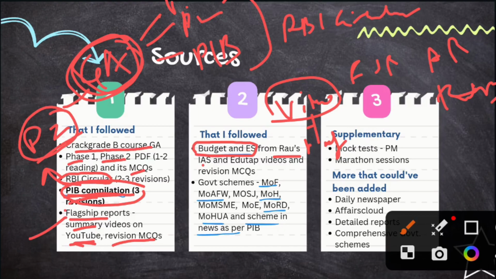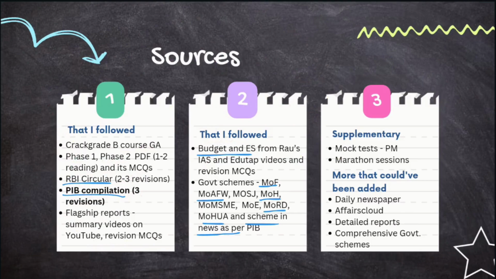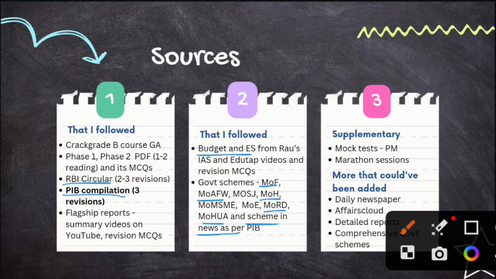But once you go through that video, you'll have conceptual clarity with regard to the budget and economic survey. Once you're done with that, then for the objective part, which is the RBI GA, you should follow at least two videos of two different coaching institutes on YouTube, download their PDF, and revise.